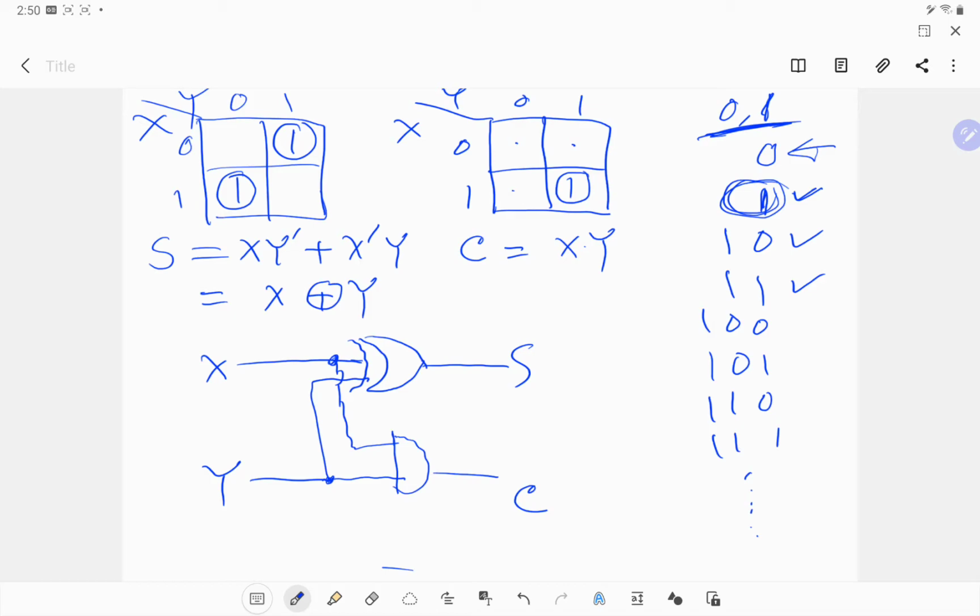So in order to design a half adder circuit, we need an exclusive OR gate and we need an AND gate. Let's move to the full adder circuit.